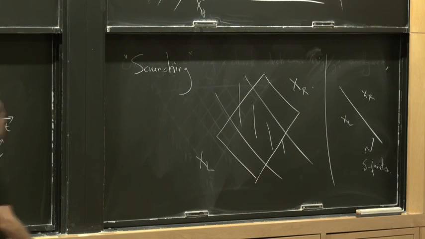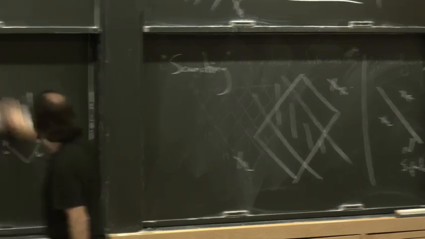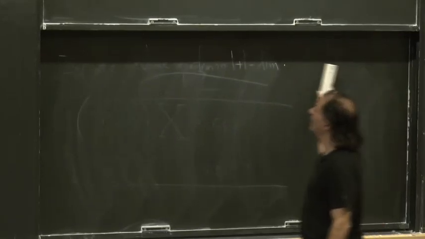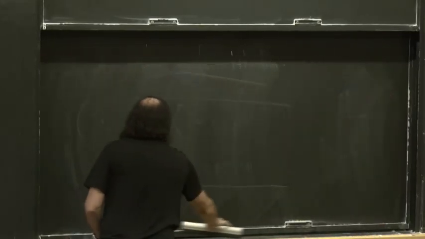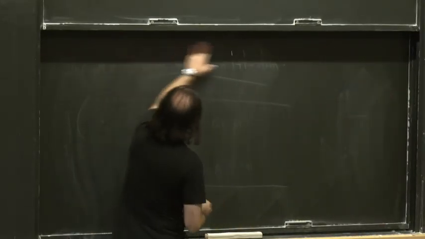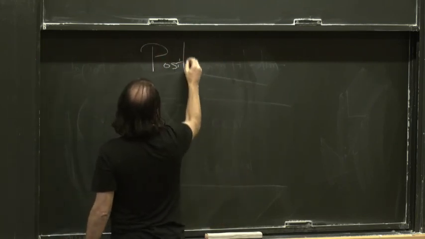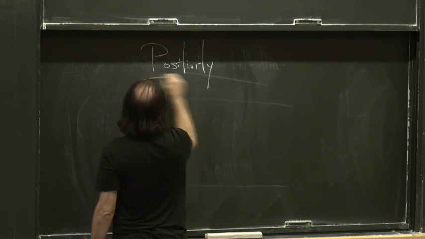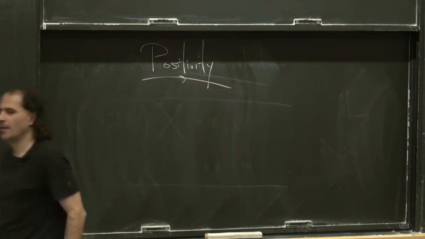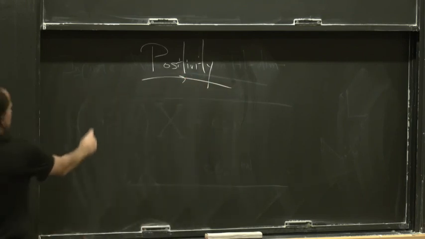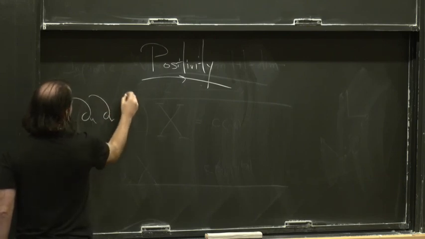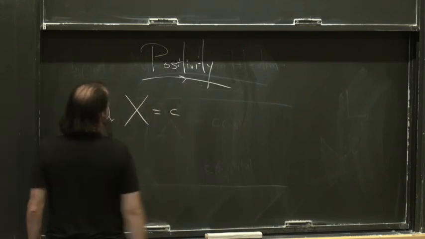Okay, so now comes the idea: still nothing too exciting happening, but we're going to demand positivity. We're going to solve the wave equation ∂u ∂v X = c.